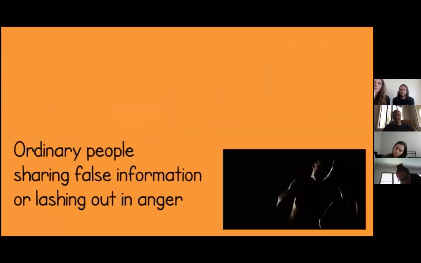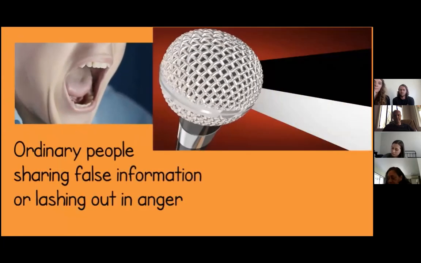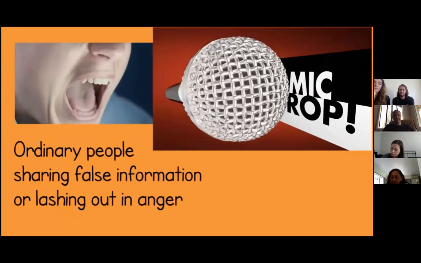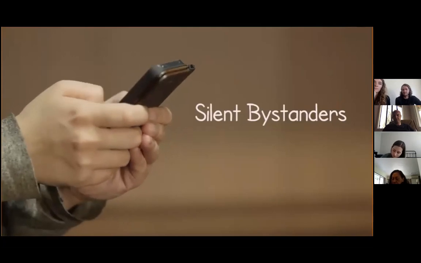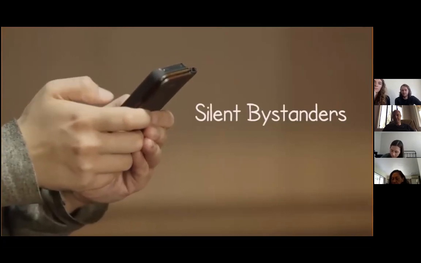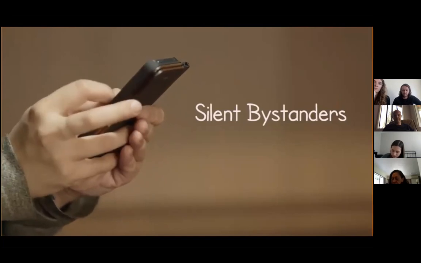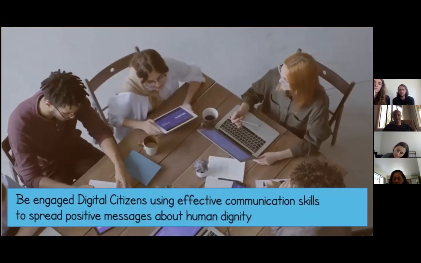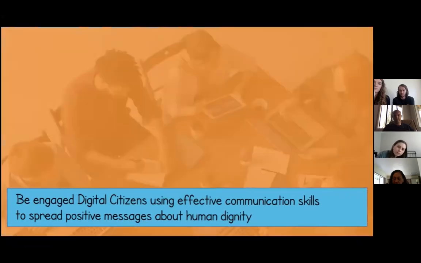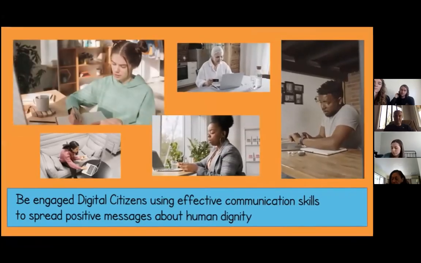Without realizing it, others might then spread disinformation and harm. Some might react by leaving angry comments online. Some are like silent bystanders on social media, which ends up letting disinformation and hate spread. We can put pressure on government and technology companies to flag and stop disinformation. And we can all be more engaged digital citizens using effective communication skills to spread positive messages about human dignity.